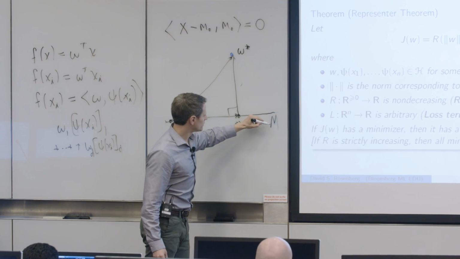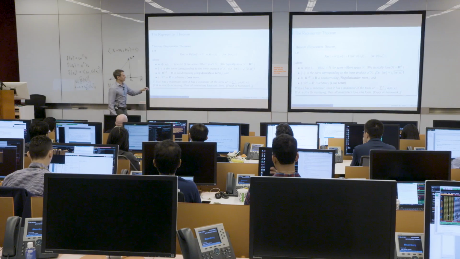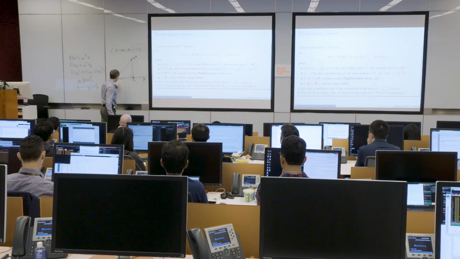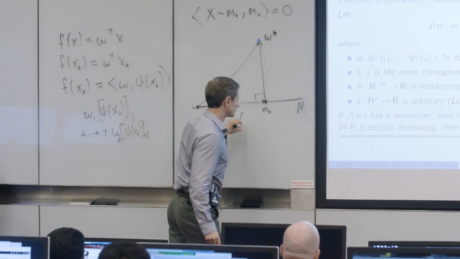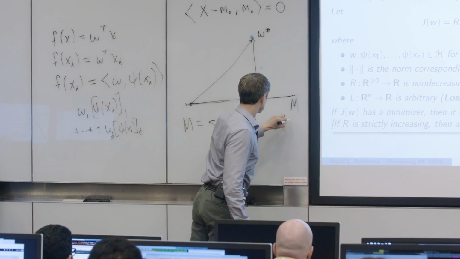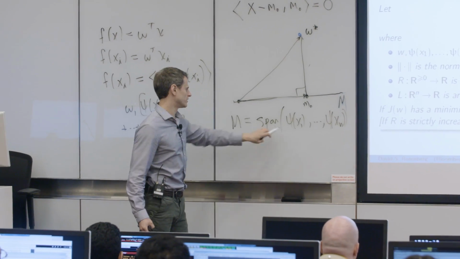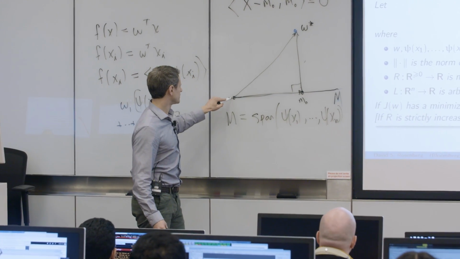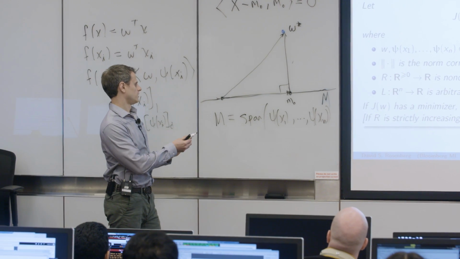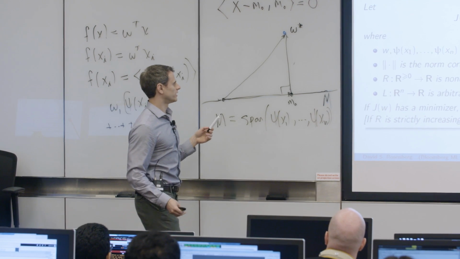And then let's define this subspace M to be the span of these vectors, psi xi. The span is the set of all linear combinations of these things. So we'll write this as this line here. All right. So the proof is going to go like this.